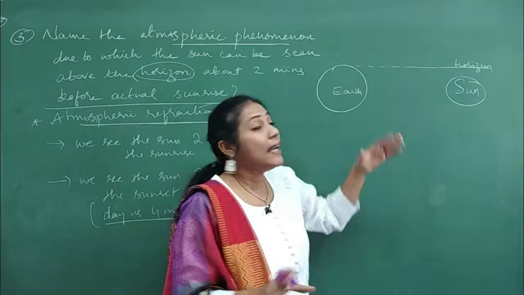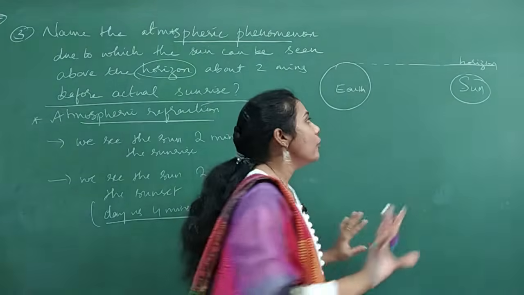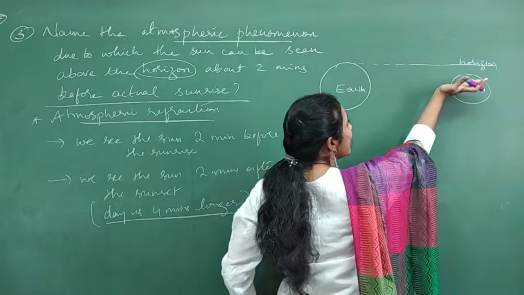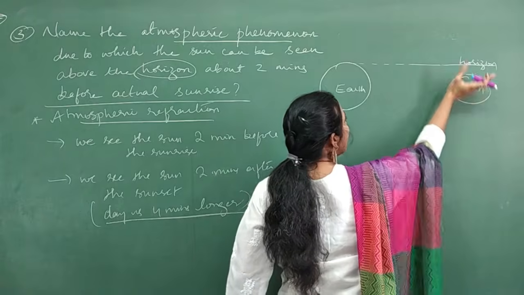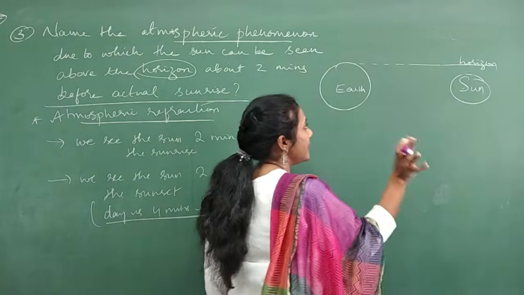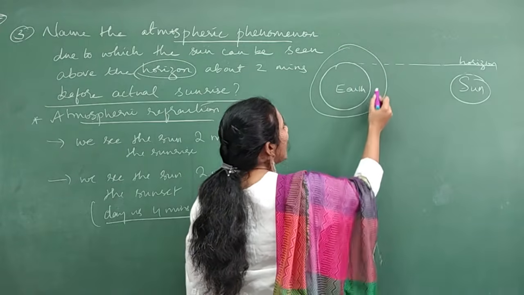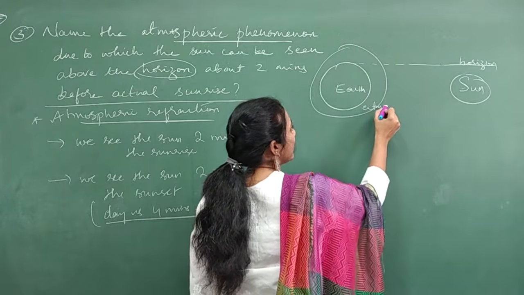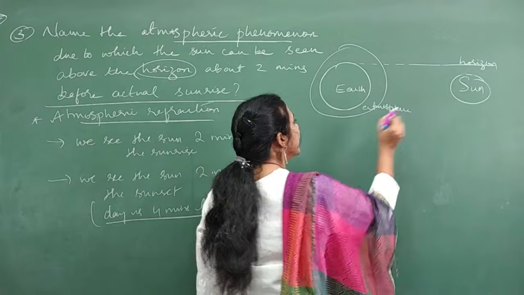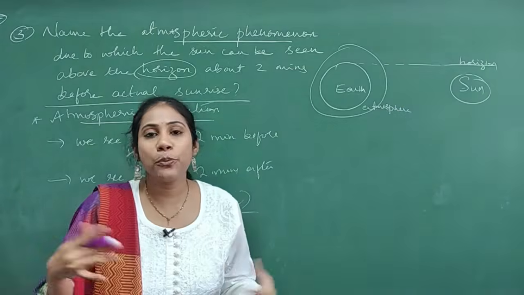Okay, so imagine before a sunrise, what happens is, you observe sunrise when the sun is coming above the horizon, isn't it? Now, around this earth you have something called atmosphere, right? As I have already told you, atmosphere is made up of so many components.